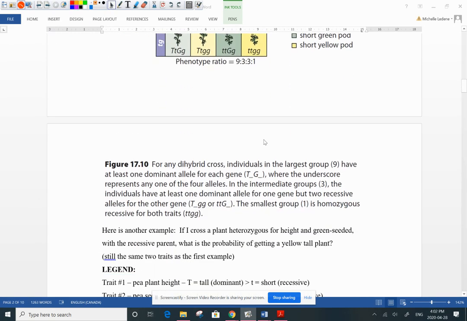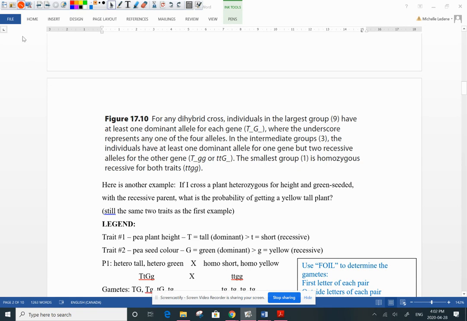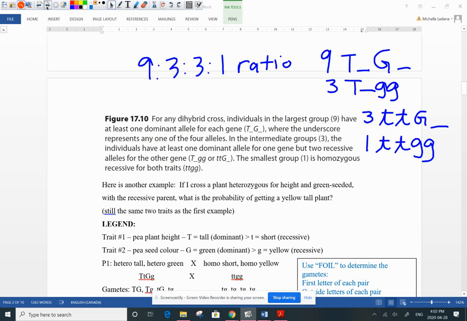So what do we mean 9:3:3:1? Well, the largest group, the most numbers, have both of the dominant alleles, and so they have the dominant trait, right? Tall and green in this example. And then 3 of them are going to be tall. That's a dominant trait. And then little g is our yellow, and so that is the recessive.